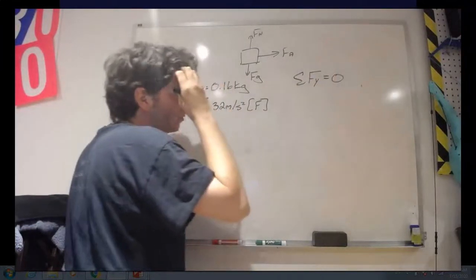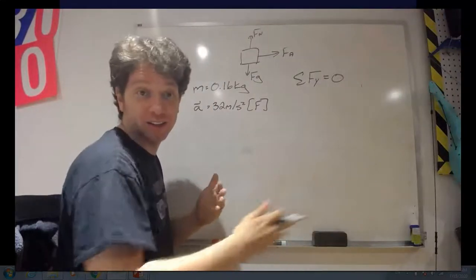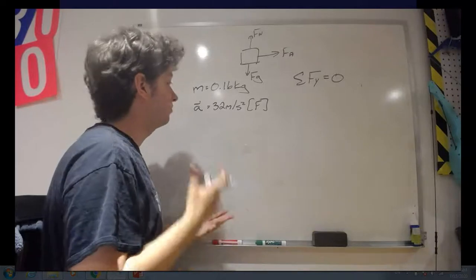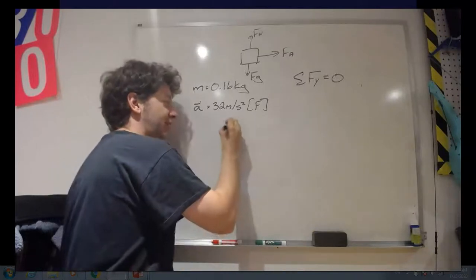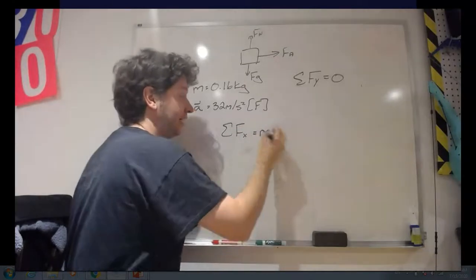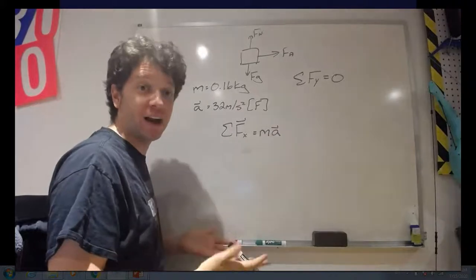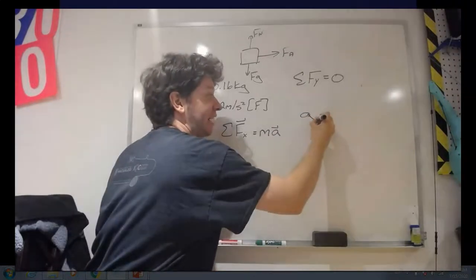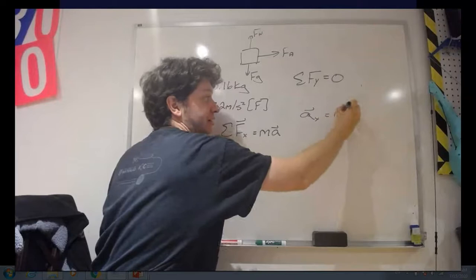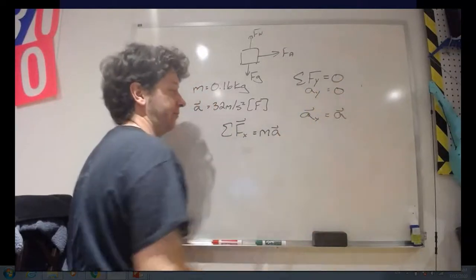So we have an equilibrium in y, because our puck is being launched horizontally. So if we simply analyze the net force in x, that equals mass times acceleration in x, but because acceleration in y is 0, our acceleration in x is our acceleration.